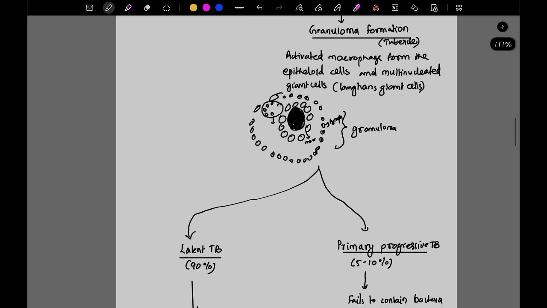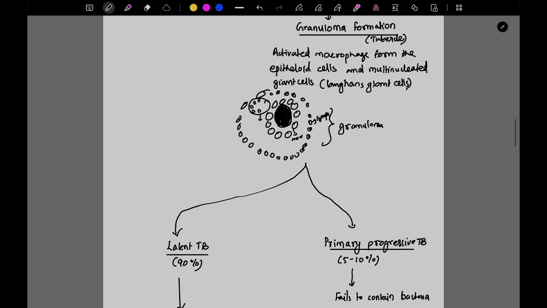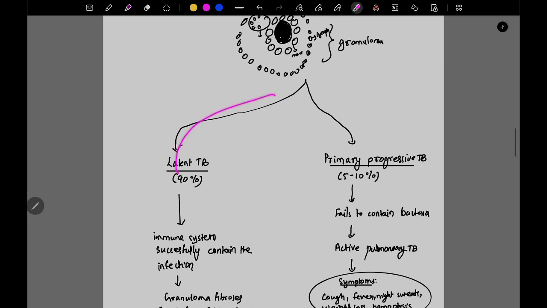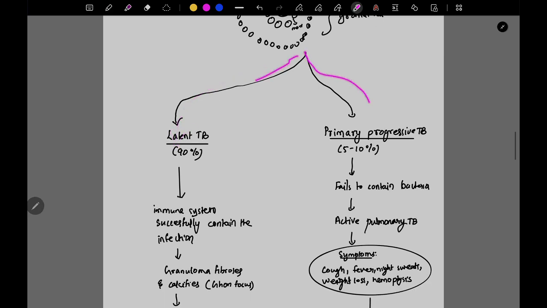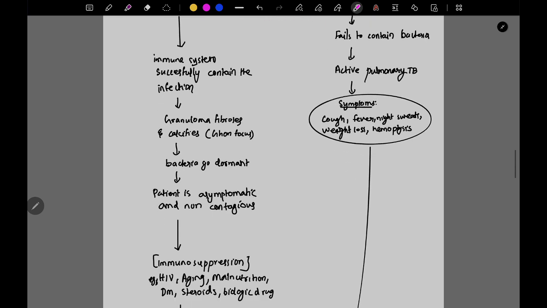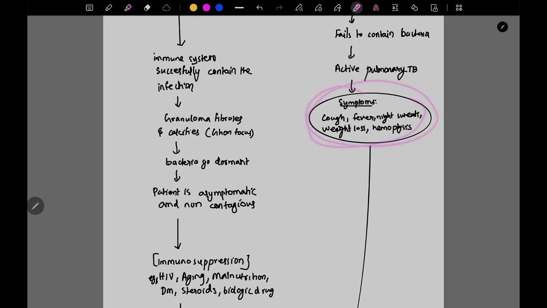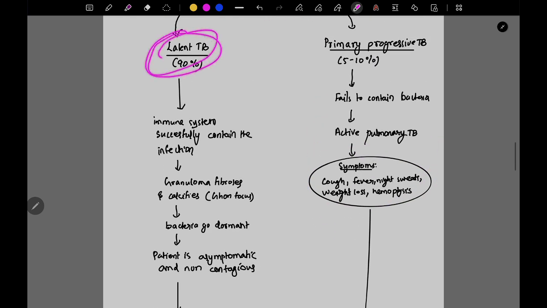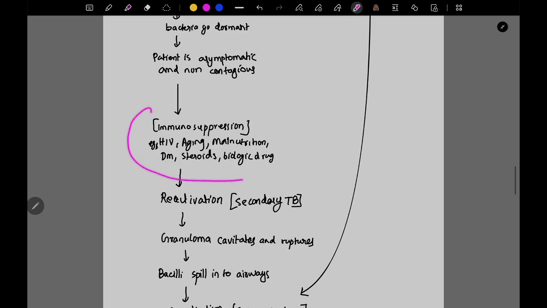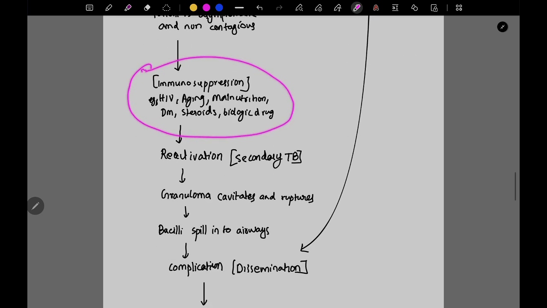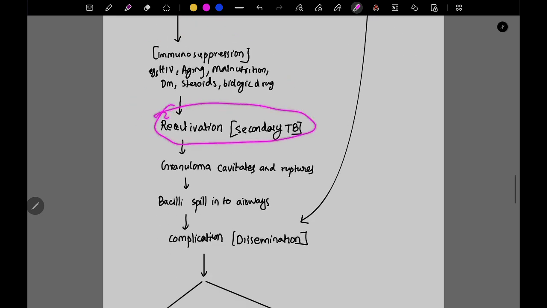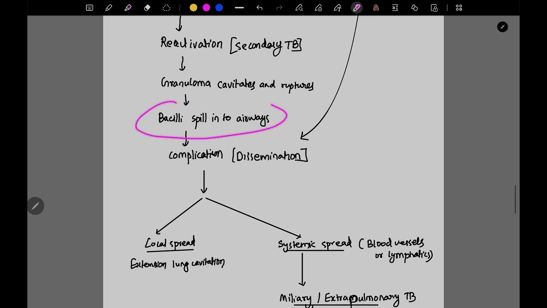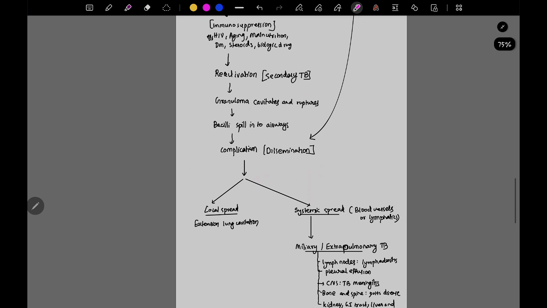After the granuloma formation, latent TB occurs in 90% of people, and in some it can progress to primary progressive TB. In those, classical symptoms appear, and in people with latent TB under immunosuppressive conditions, these can reactivate and lead to more cavities and also the disseminated form of tuberculosis.